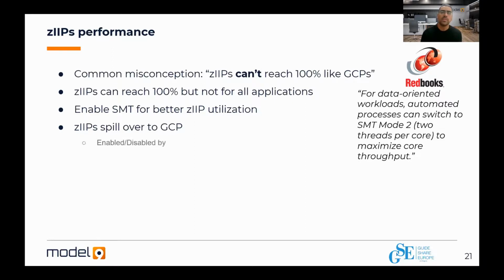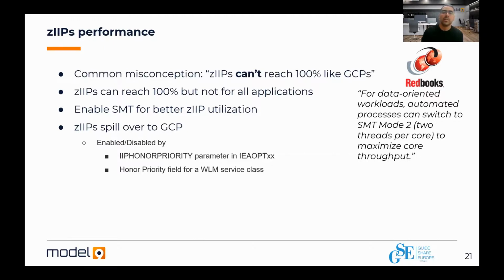At a global level, this can be either enabled or disabled at the system level in IEAOPT using the IIPHONORPRIORITY parameter. Simply specifying that sets the default for all applications running on your z/OS LPAR, whether or not spillover to GCPs should happen. But it is very important to understand that this can also be controlled at the service class level.